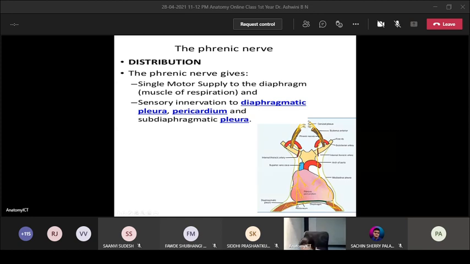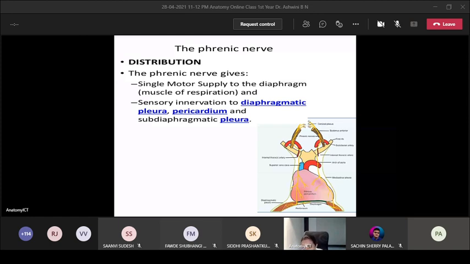It pierces the diaphragm, passes through the diaphragm, and then supplies from the abdominal surface or within the muscle. And sensory innervation to the diaphragmatic pleura, pericardium, and also the subdiaphragmatic pleura through the pericardial and the pleural branches.